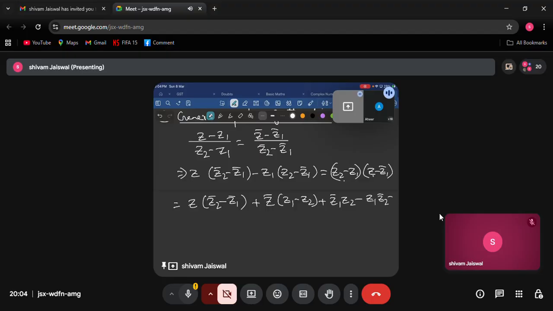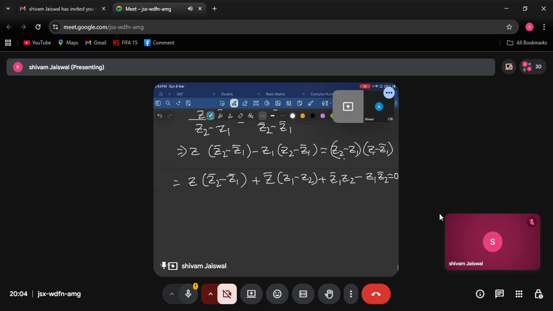Okay, when you simplify this, it is equal to 0. Next, so z1 bar into z2 and over here z1 into z2 bar. z1 bar z2 minus z1 z2 bar.